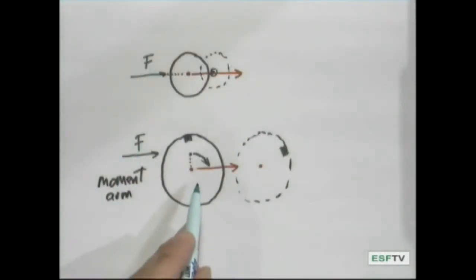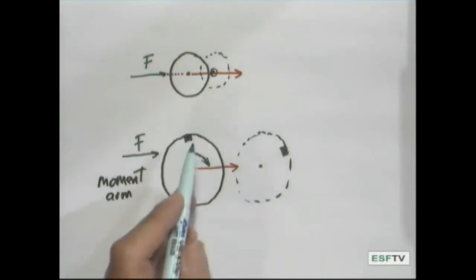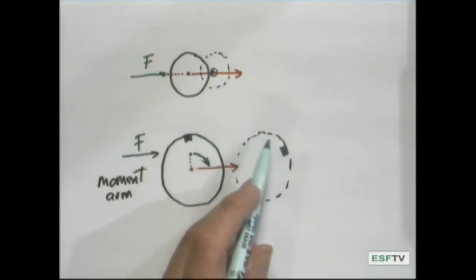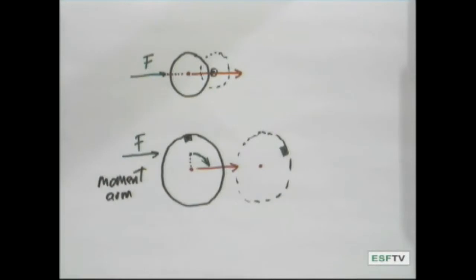So not only has there been a translation of the center of mass, but there's also been a rotation of the object as well. Now, when you have a force that's applied out of line with the center of mass of an object, you've applied a so-called torsional force, and the force you get out is called torque, T-O-R-Q-U-E. And we'll speak in a moment about how torque relates to the kinds of kinetic energies that you get out of setting objects in motion.